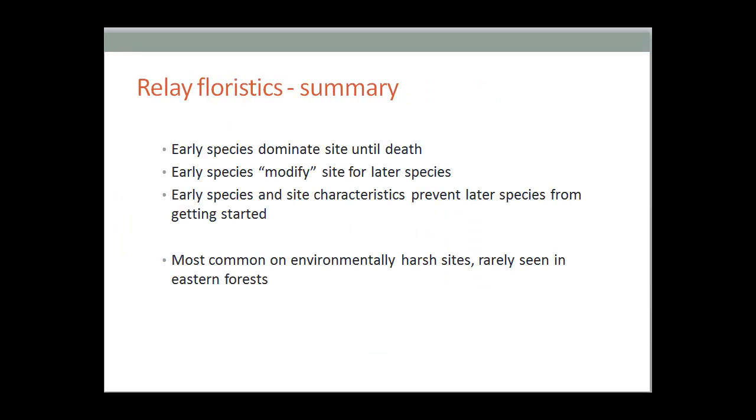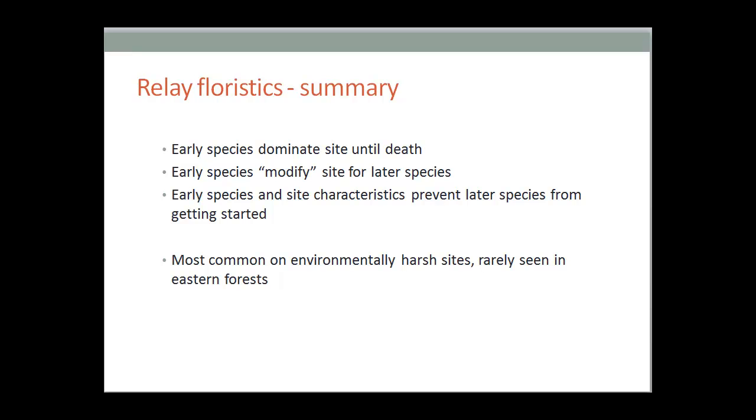So the summary here: early species dominate the site until they die. Those early species, and each group of species, will modify the site in such a way that it's more favorable for species that arrive later. The early species and the site characteristics prevent later species from getting started. So this is not common in our eastern forests.